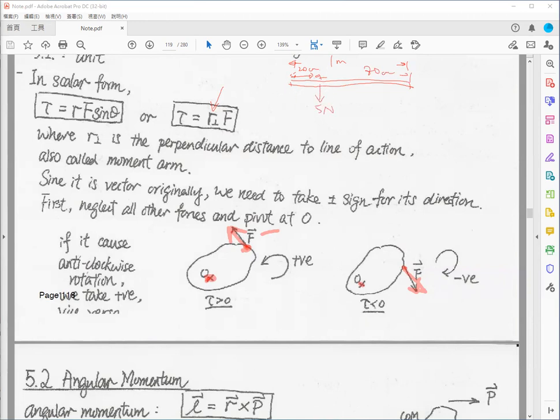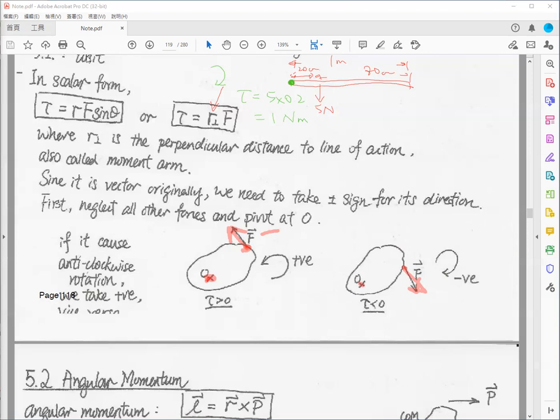If you take the moment at this point, then it counts as a clockwise moment, and the moment will have the magnitude 5 times 0.2, that's 1, with the unit Newton meter.